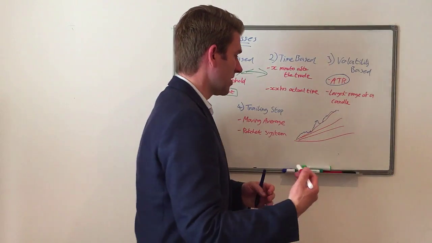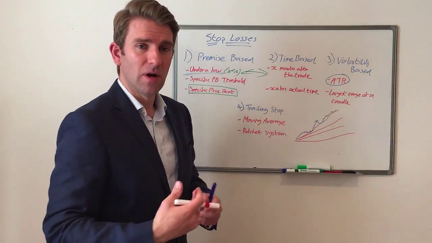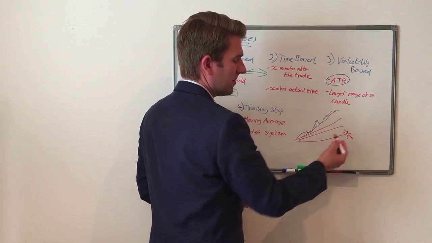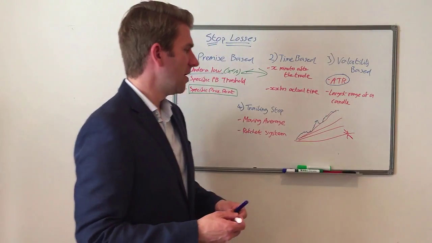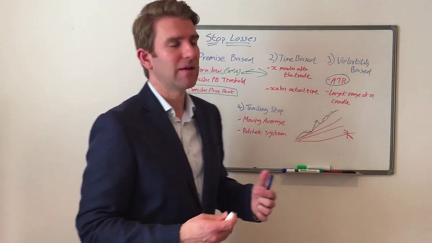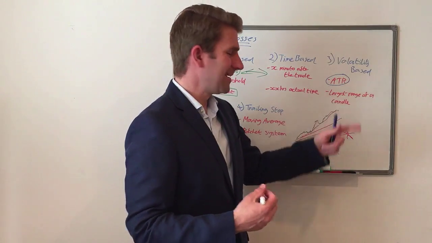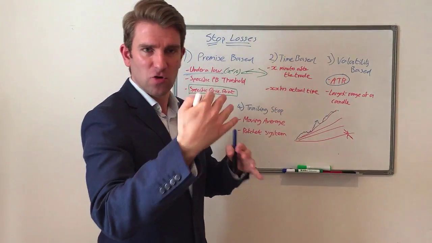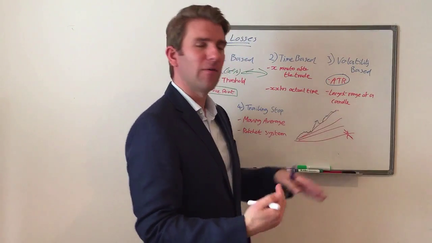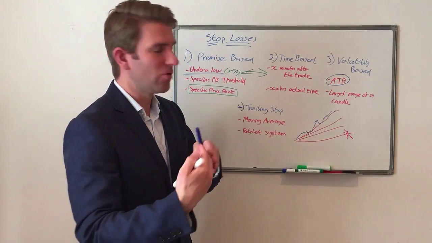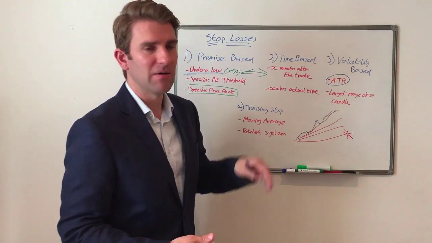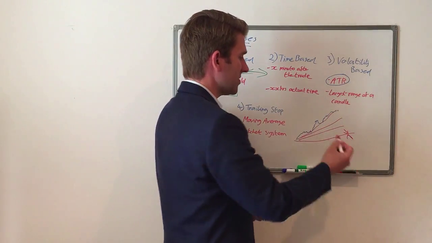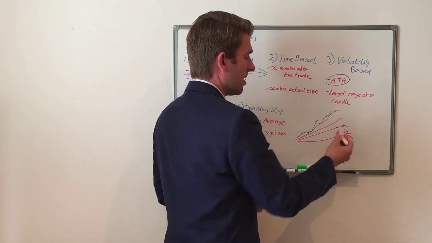But then as the trade goes their way, they get a day or two under the belt, they switch to a longer period moving average, maybe a 50 period or a 20 period, and give it a little bit more room. Once they've got some meat in the trade and it's almost in the cruise, they can back off a little bit, and that keeps you in the trade, and you always know where you're going to come out as that goes up.